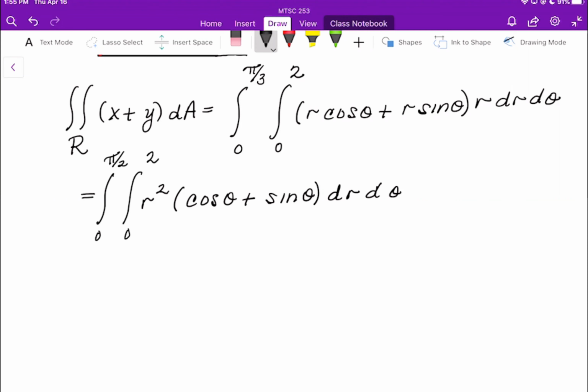So now notice that theta and r are completely separate. This is one thing I have not done, but you can do with iterated integrals. If they don't have anything to do with each other, I can factor all the theta out.